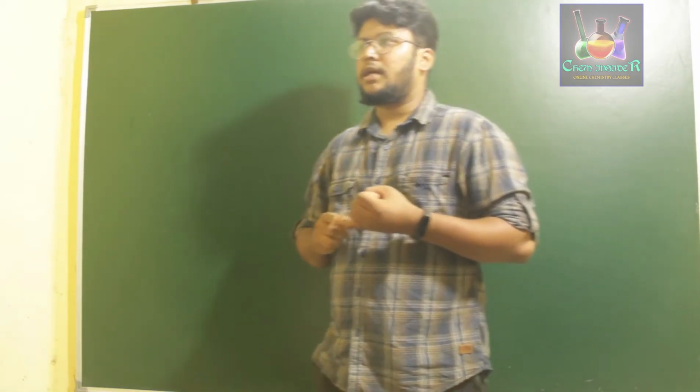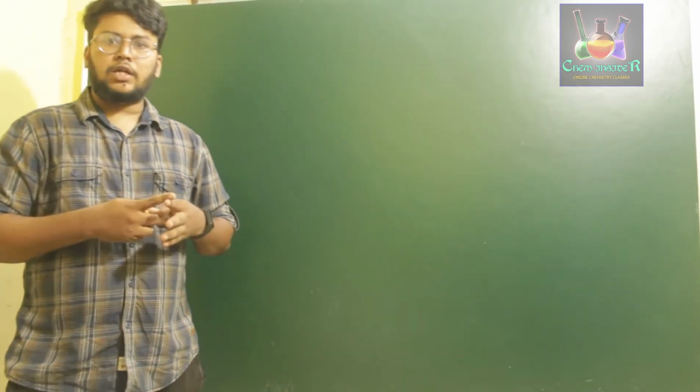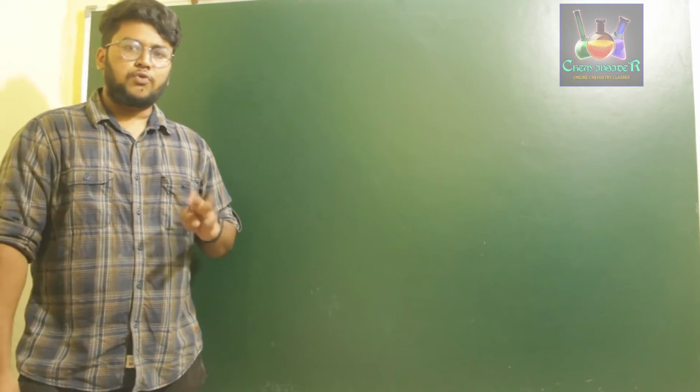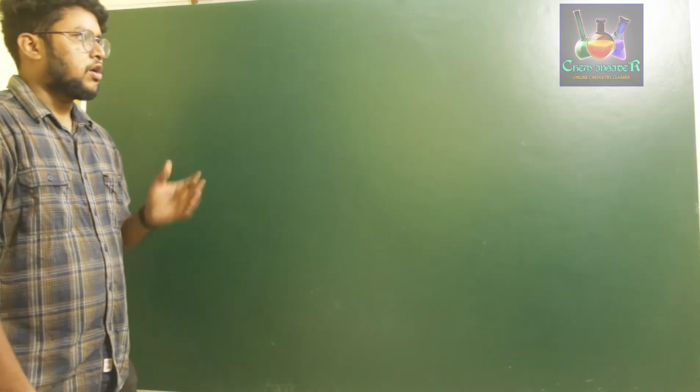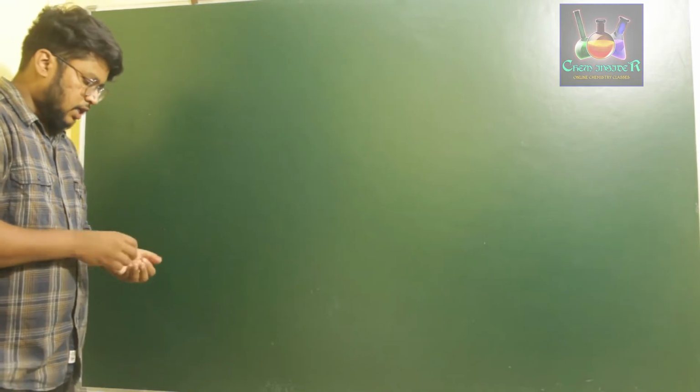Those are atomic radii, ionic radii, then ionization enthalpy, electron gain enthalpy and electronegativity. Okay, we are going to discuss these important topics with their periodic changes and their trends across the period and down the group.